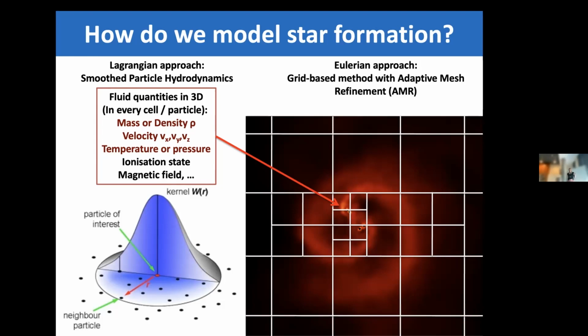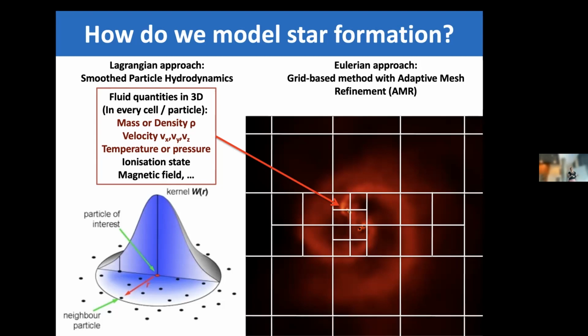It's not so good when you want to model turbulence, or the interaction in general of high density and low density gas, simply because of how the particles interact with each other. This is why it's called smooth particle hydrodynamics.